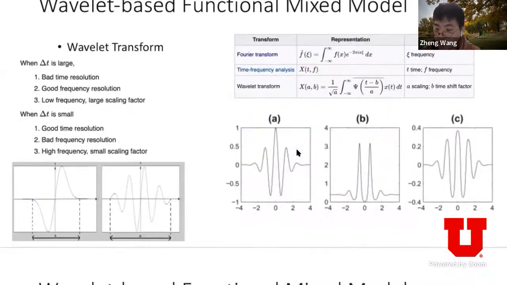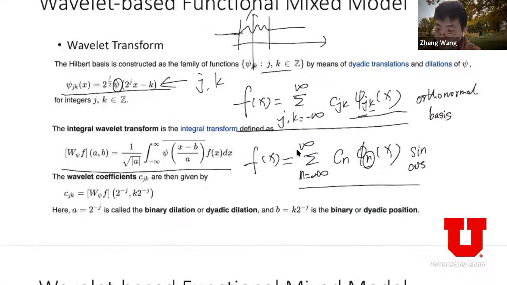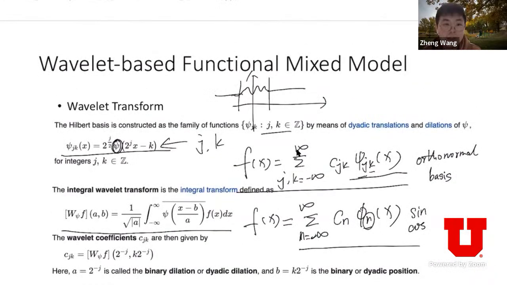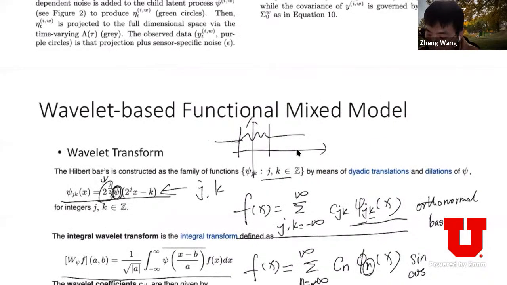And here is an example of the mother wavelet, just this function here. And as you can see, by multiplying with this term here, oh sorry, it's not this term. It should be this term, we're not doing the dilation.